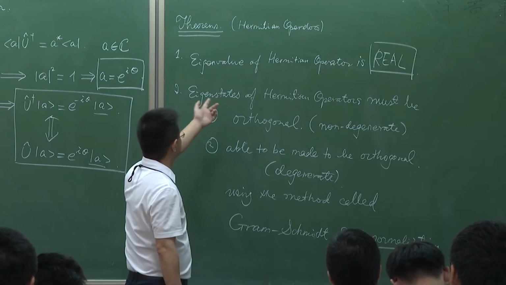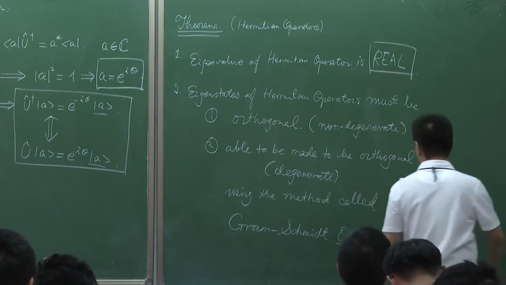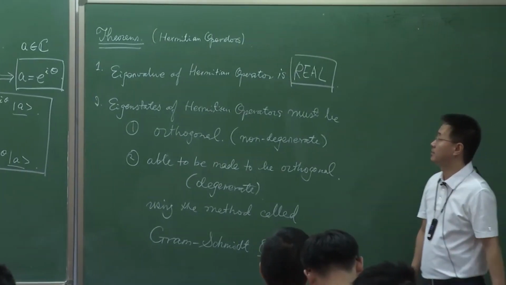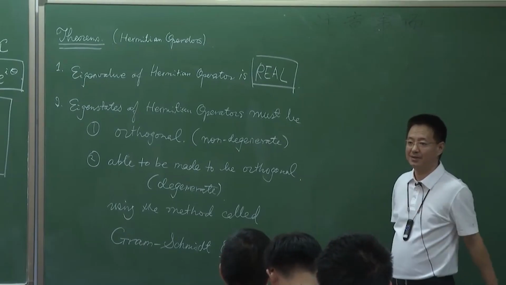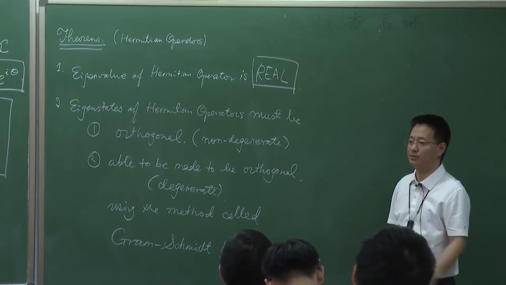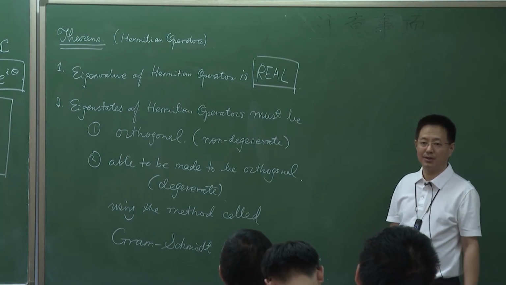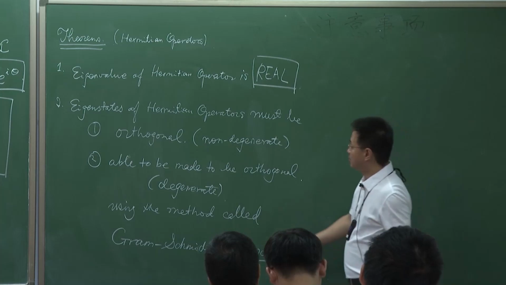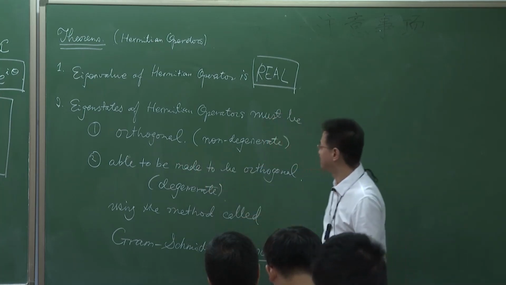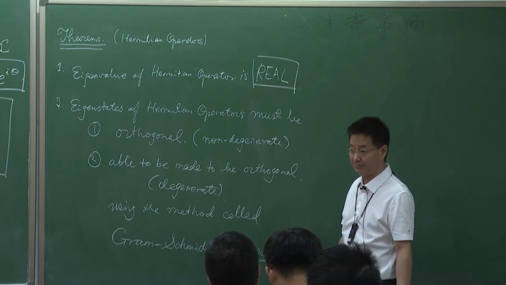For the Hermitian operator, it's very easy to prove that the eigenvalues are real numbers. And this is homework. I think maybe after several days, you will get results. So I will not prove it here. And for the orthogonality in the non-degenerate case, it is also very simple.